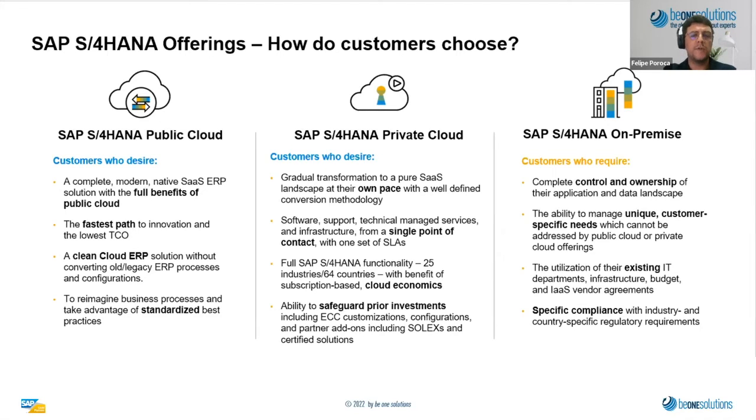So when you go with the private cloud, again, this is a contract directly with SAP in terms of license, in terms of cloud. And then there is something here. You can choose your hyperscaler. So for the ones who don't know what a hyperscaler is, I'm talking about the biggest cloud provider companies.